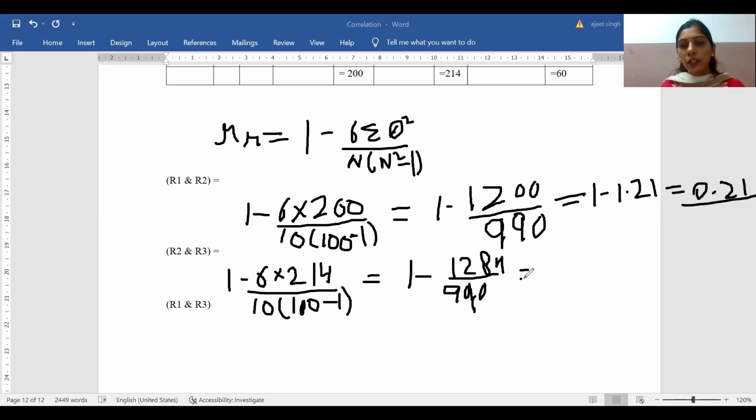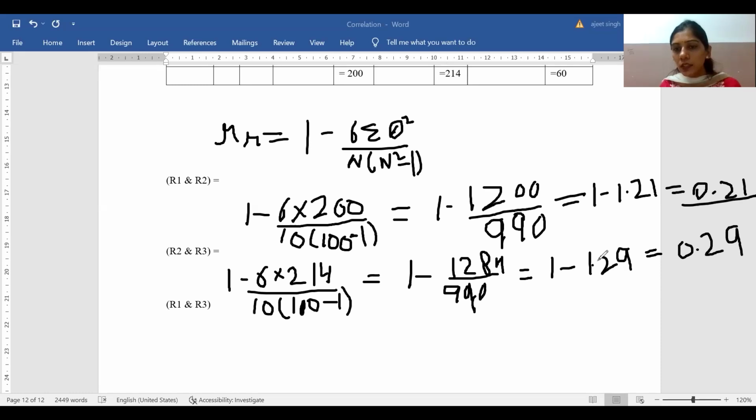Let's write all the values. 1 minus 1.29. So the final answer will be minus 0.29.